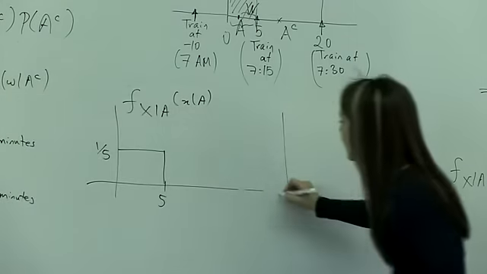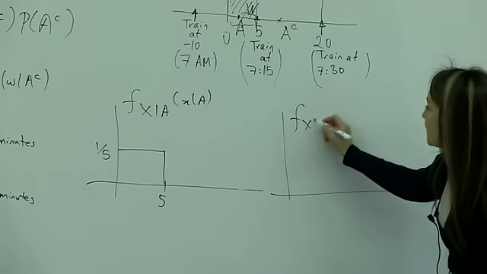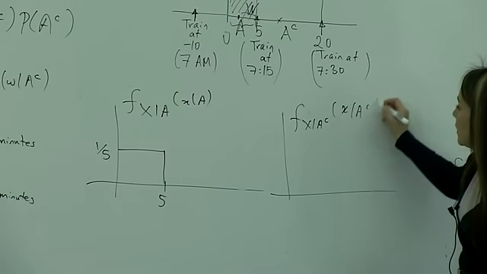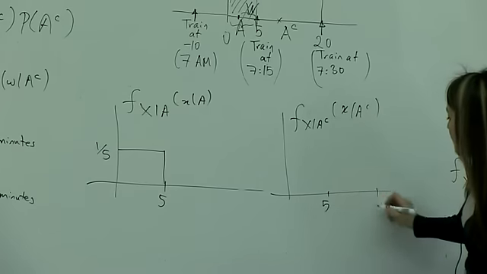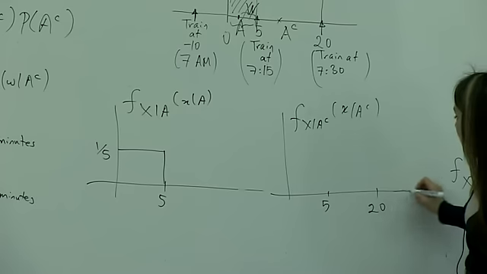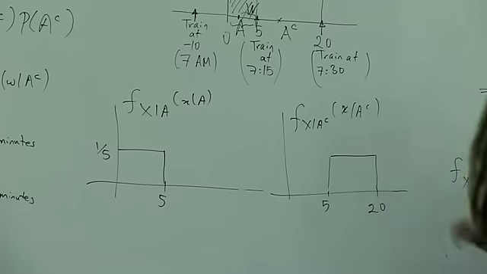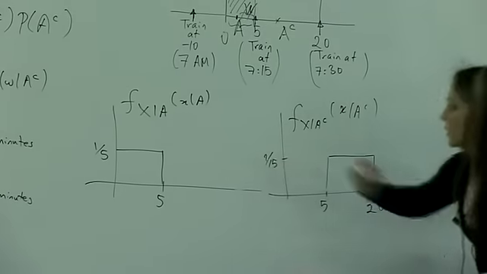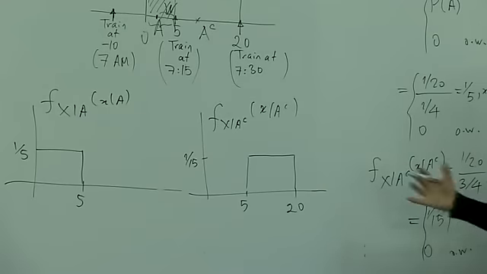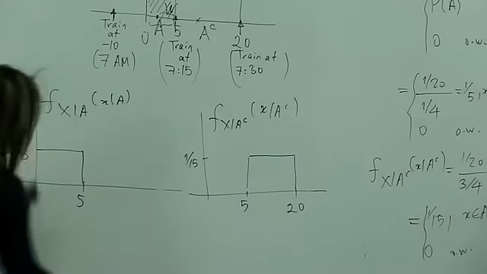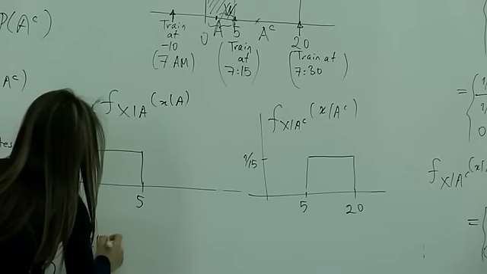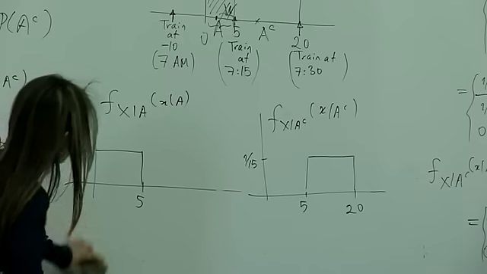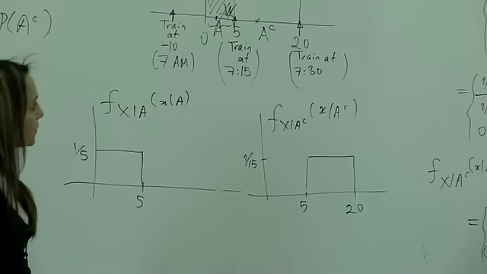And given that it's between 5 and 20, it's uniform in this region, and the height is 1 over 15 as we computed. Merging these, we can compute f X of x, and you can check that as an exercise.